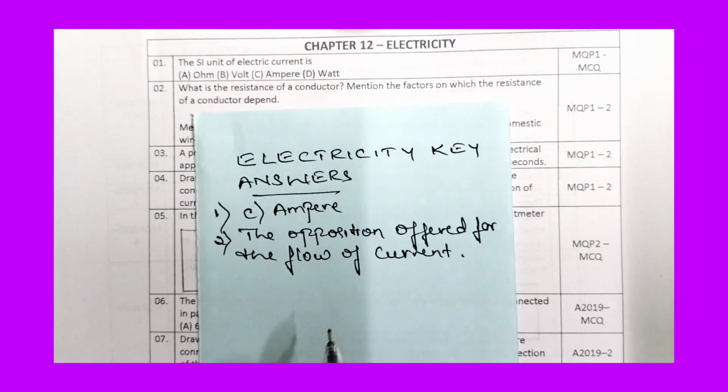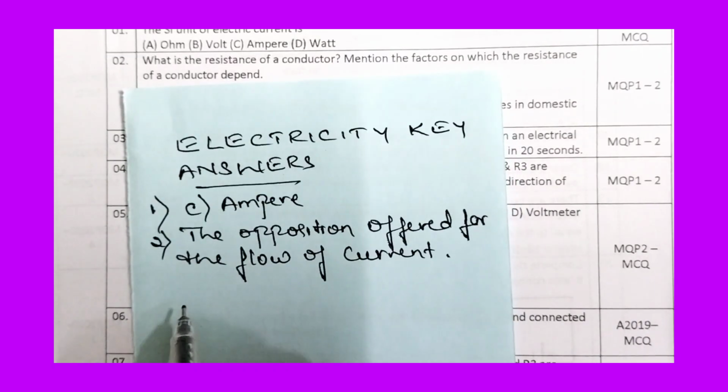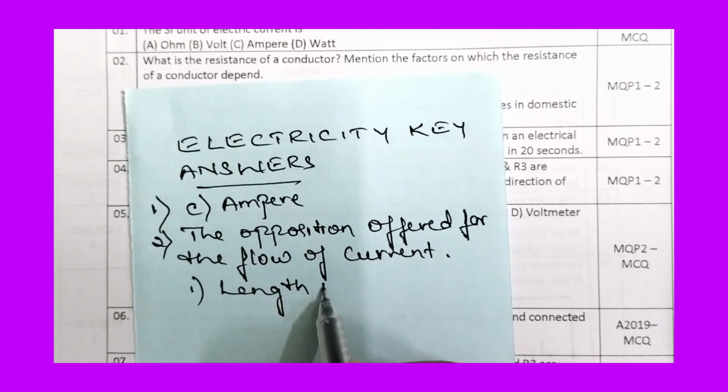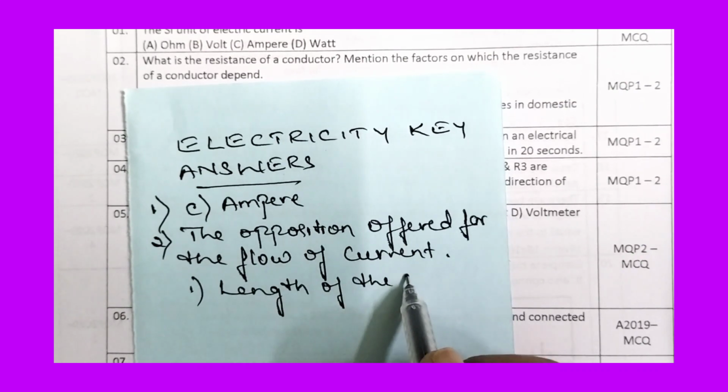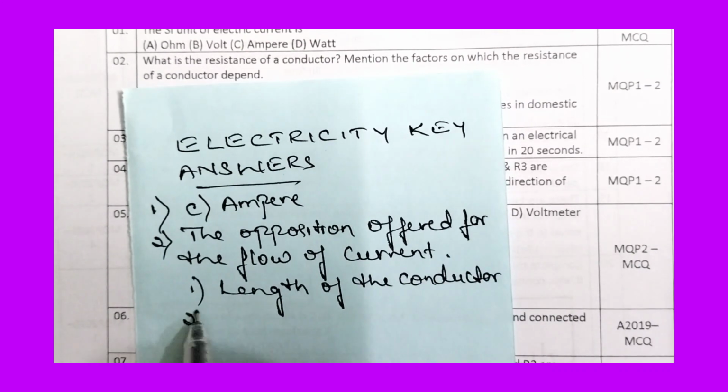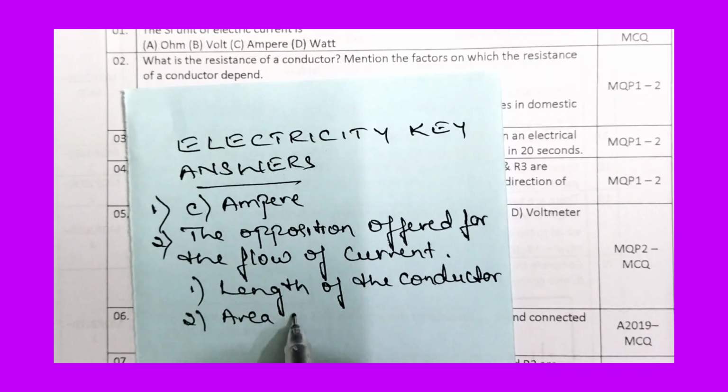The resistance of a conductor depends upon, first, the length of the conductor. It depends upon the area of cross section.